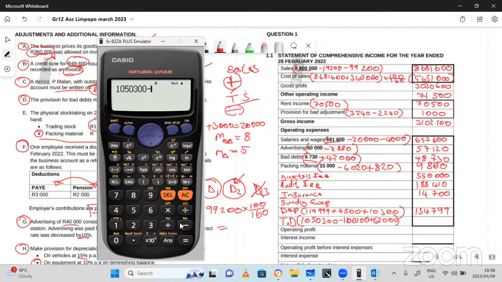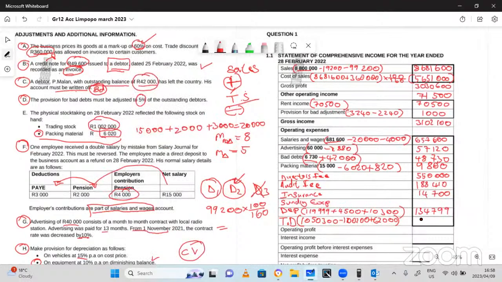Okay, minus 1,002,000. Again, we add on top the 62,000 rand, which is giving us 110,300.